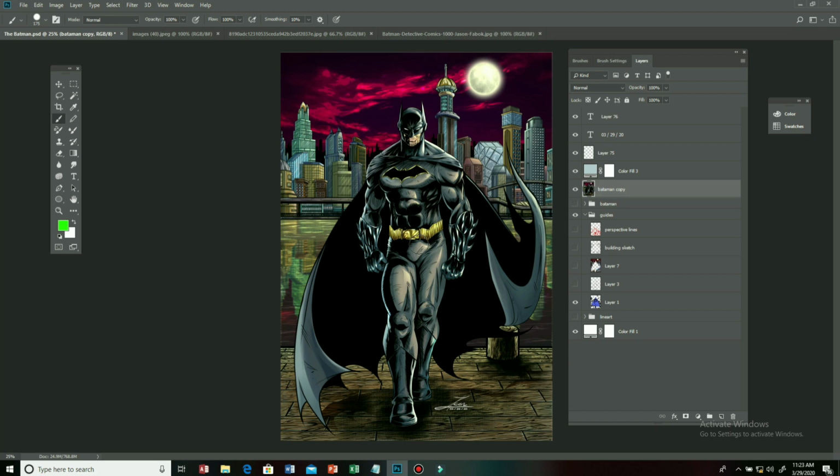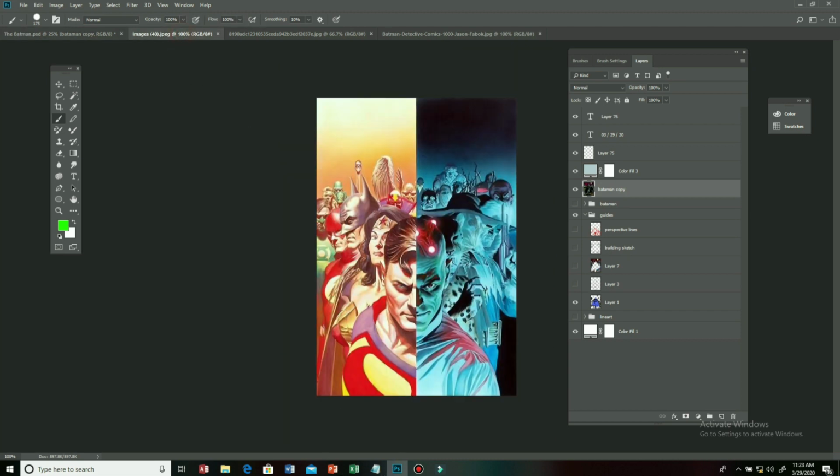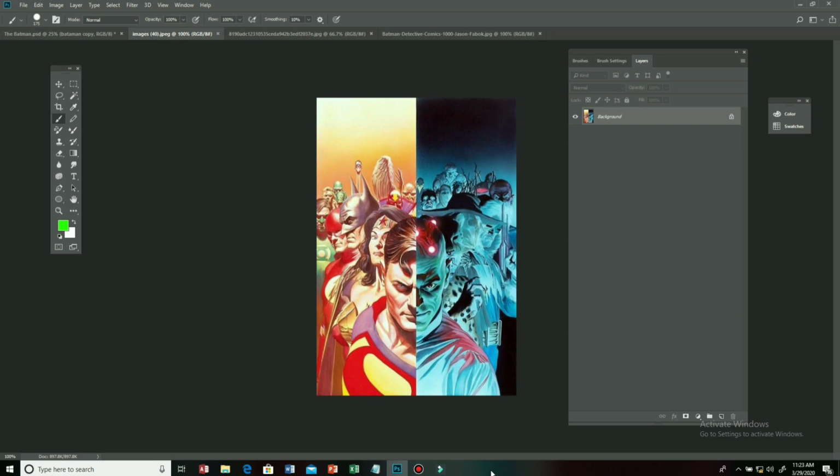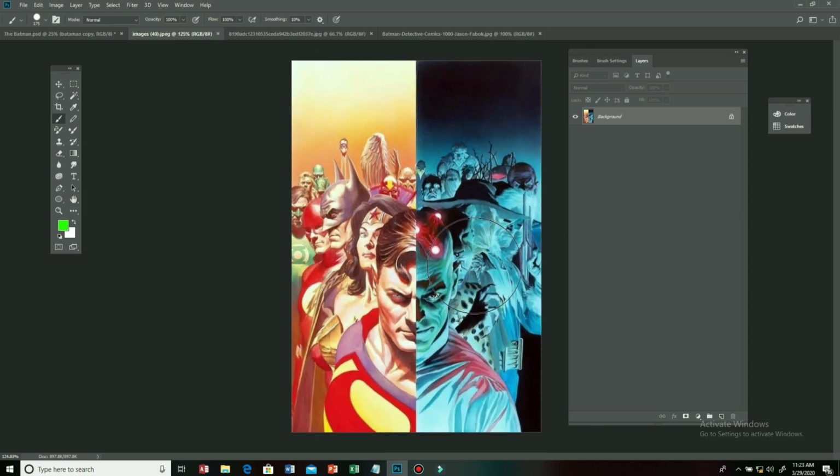So that is one of the things that you can do, especially in creating your art. I have here a very good example of contrast. This artwork is made by Alex Ross, who is one of my inspirations in my art. What you can see in his artwork is that he divided his characters into two: first the good guys, and the other one the bad guys.